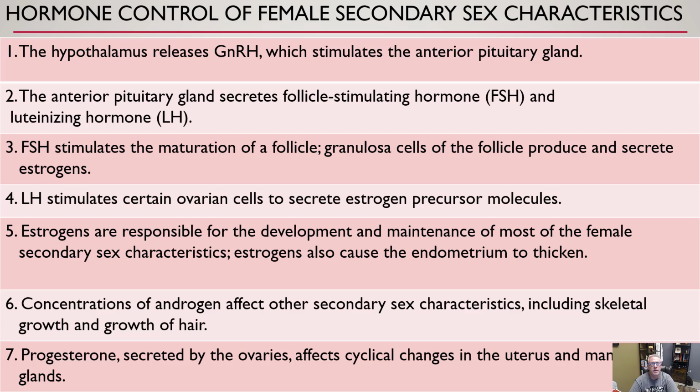All right, so here you can see the hormone control of female secondary sex characteristics. We already talked about GnRH, which stimulates the anterior pituitary gland to release FSH and LH. So we already covered FSH, LH, and the estrogens.